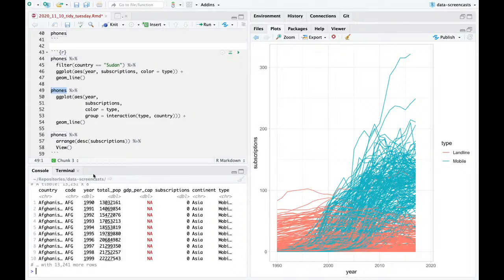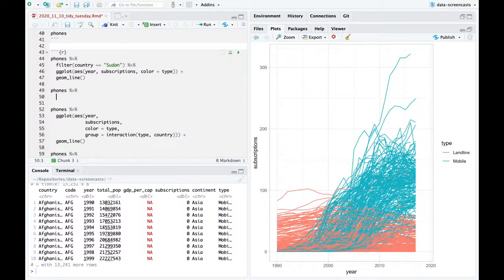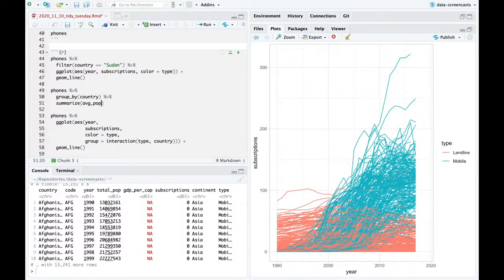So one of the things we can do is filter down to a random subset of countries. We could also filter down to the most populated countries. If we do that, we're going to have to pick something like the most populated countries averaged across this time period. So I could group by country, summarize average population, because some are going to grow, some are going to shrink.